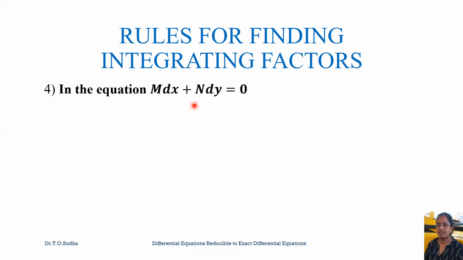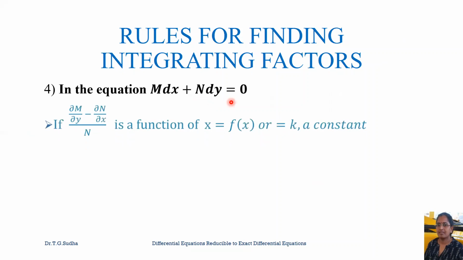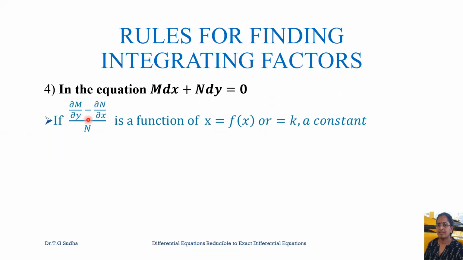In this equation, if (∂M/∂y minus ∂N/∂x) divided by N is a function of x, which is denoted by f of x, or if it is a constant, say k, then the integrating factor is given by e to the power of integral f dx, or e to the power of integral k dx if we get the function to be a constant when we calculate (∂M/∂y minus ∂N/∂x) divided by N.